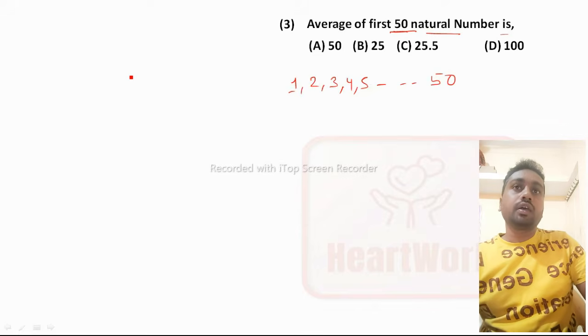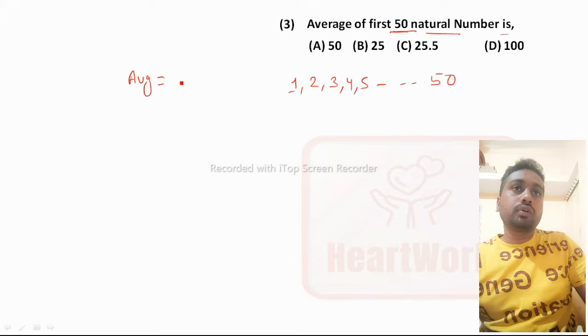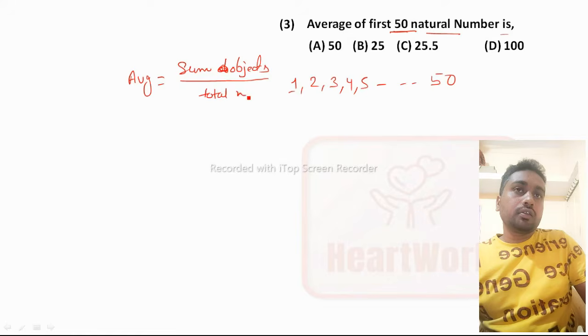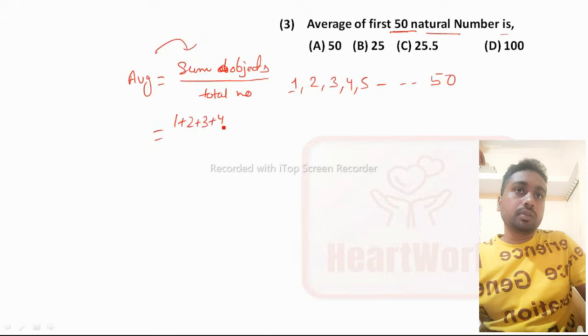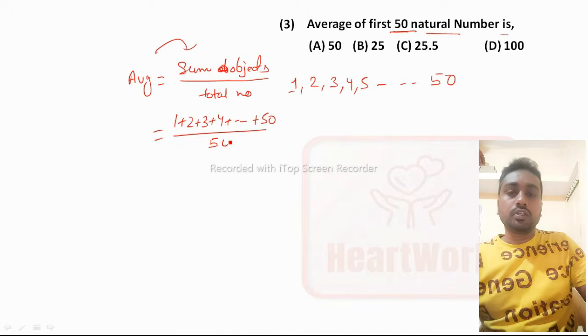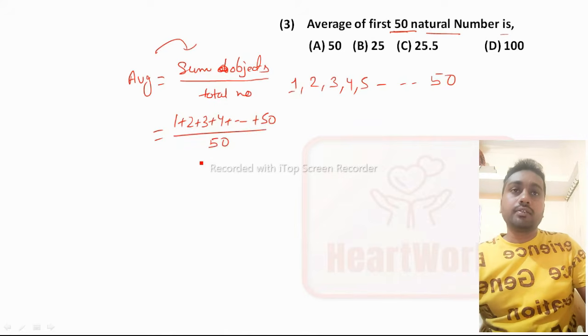Average is nothing but the summation of observations divided by the total number. According to the formula, you calculate 1 plus 2 plus 3 plus 4 and so on till 50, and the total number is 50. If you calculate, you will get the answer.